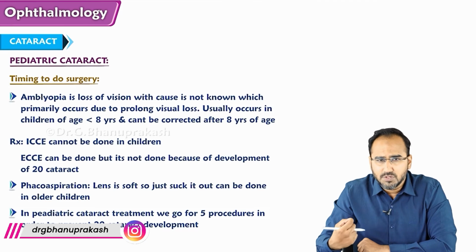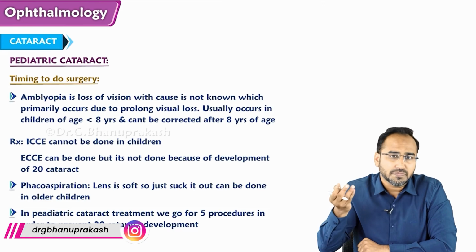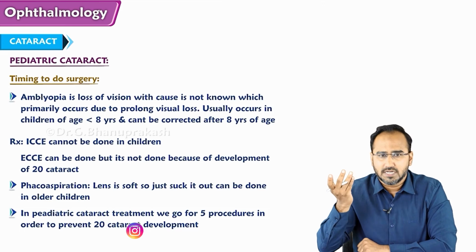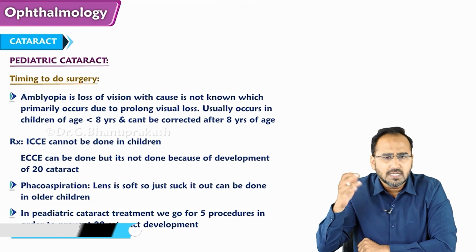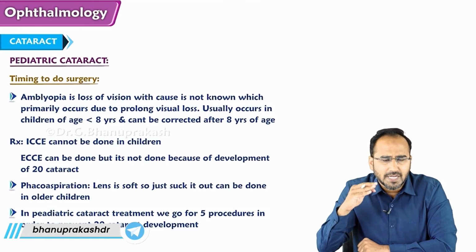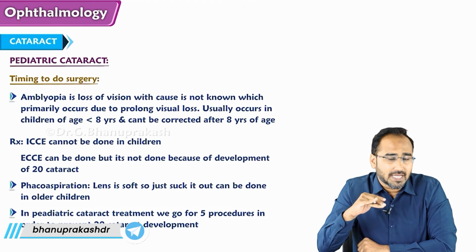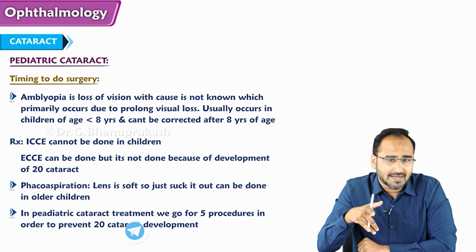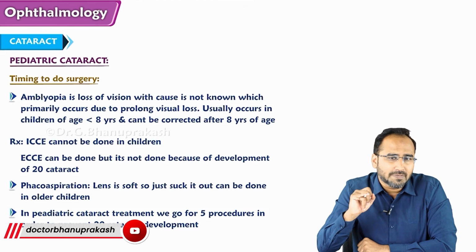In children, we usually look for viability, what is easy for us. We can go for either anterior or posterior capsulotomy. Then we remove the lens and place an IOL. But before placing an intraocular lens, what is the investigation done? Axial length and keratometry. Can you do biometry for a baby who is 7 or 8 months old?